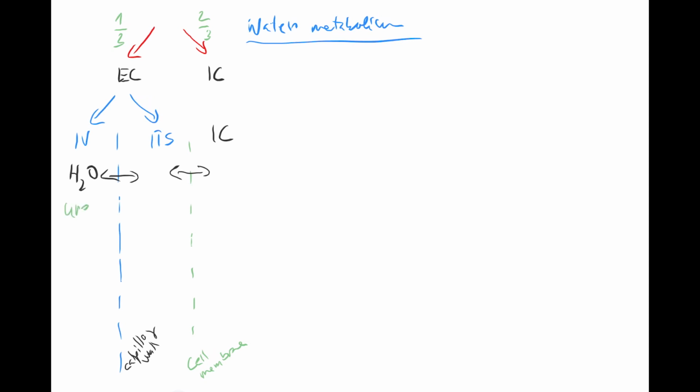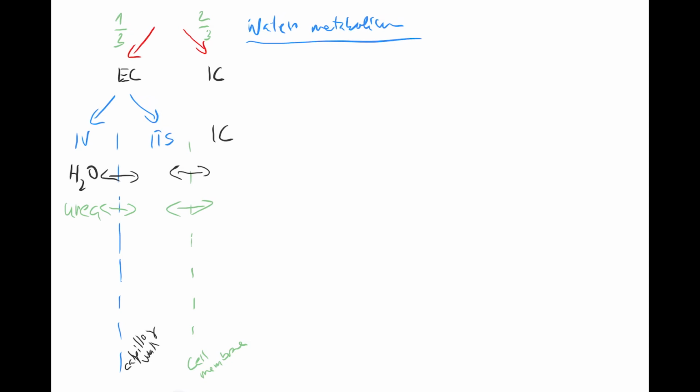Urea is a special molecule, and it's good that we mention it here, because thanks to urea you will understand many other principles, especially when I explain tonicity very soon. Urea behaves like water in a way. It goes very easily through the capillary wall and very easily passes through the cell membrane.